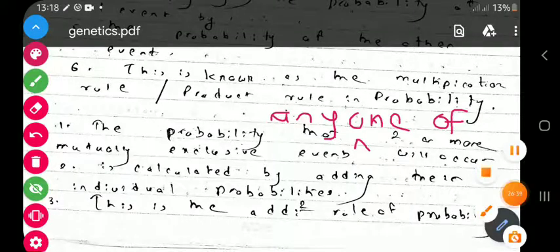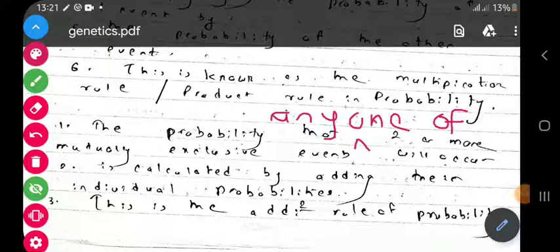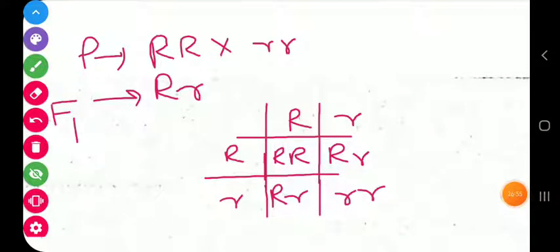Let's see an example. We drew a Punnett square earlier. We need that same Punnett square again to clarify the meaning of this addition rule of probability. Remember that example. From that example, you can understand the definition again. So as you can see, we're taking one monohybrid cross.